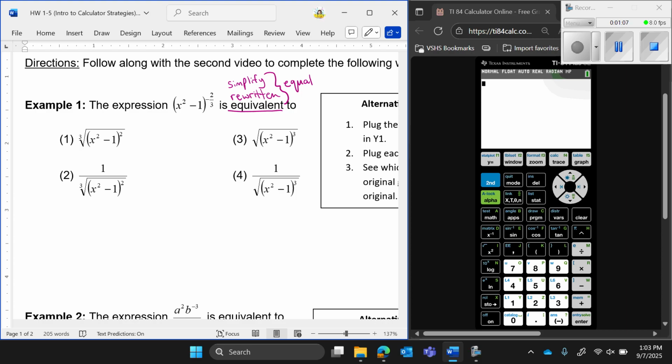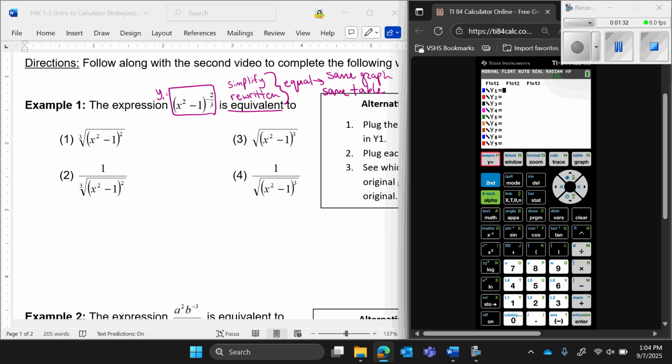And if two things are equal, that means they will have the same graph and the same table of values, which allows us to use our calculator. So take the entire expression in the question and put it in Y1.